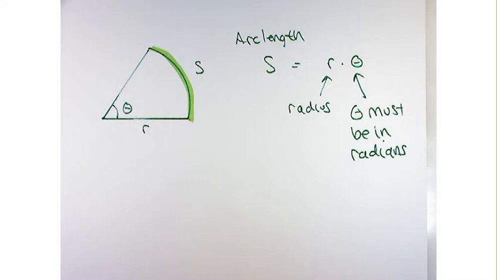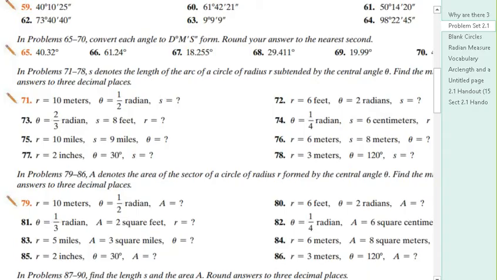So let's do a few problems for this stuff. And we'll start with kind of a friendlier one here. Problem number 72. So r is 6 feet, theta is 2 radians. Now, is there a pi that's part of this for the angle?